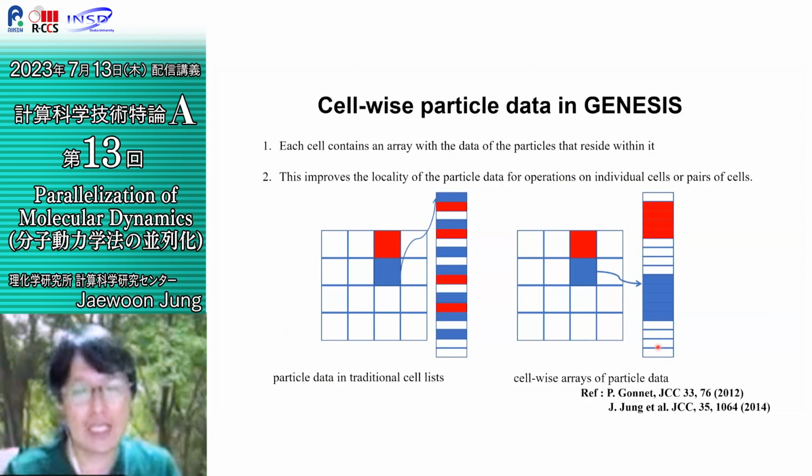In our case, we locate every particle cell-wise, and particles at close distance are also very close in memory by making use of a cell-wise array. So arrays are defined according to cell, and the particles in the same cell are also very close in memory.